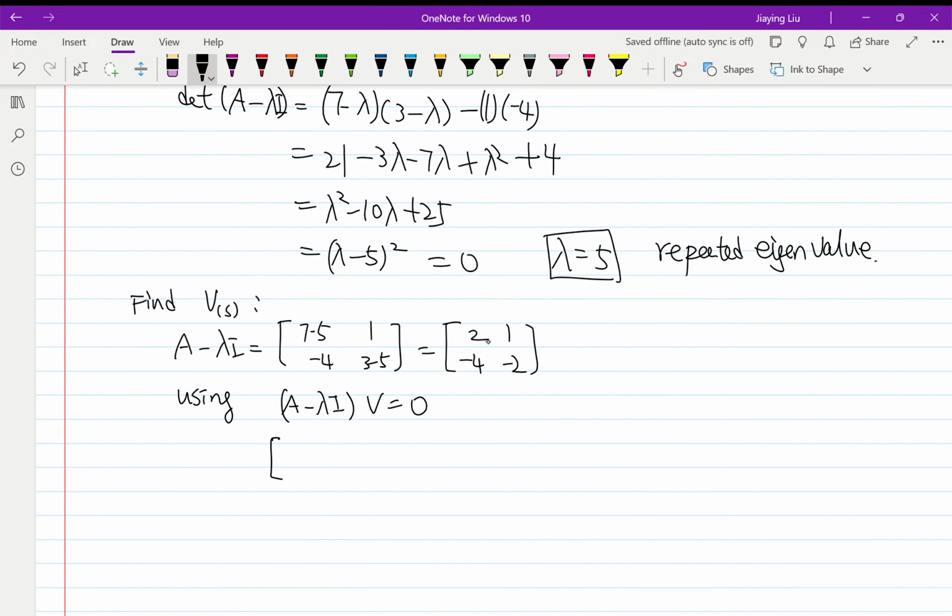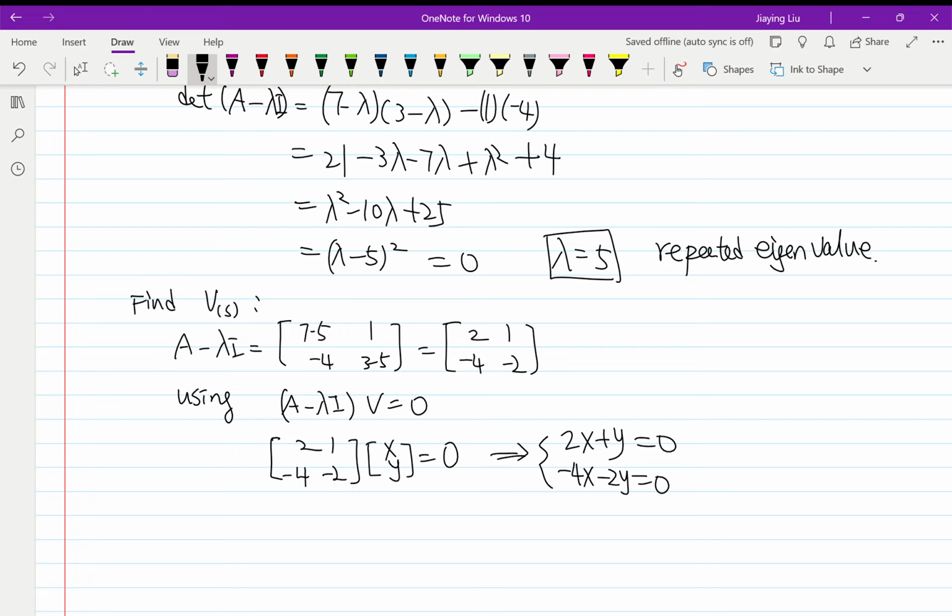So that will be 2, 1, negative 4, negative 2 times x, y equals 0. And if we convert to a system of equations, we get 2x plus y equals 0, negative 4x minus 2y equals 0. So that's the same thing we have done before.